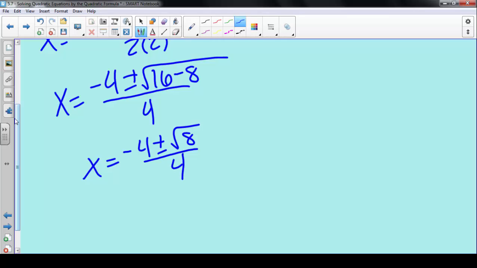Now, square root of 8 doesn't come out to a nice easy number like we would want it to, but think back to chapter 1. We can break down the square root of 8 to 4 times 2, which is 2 times 2. Here's a pair.